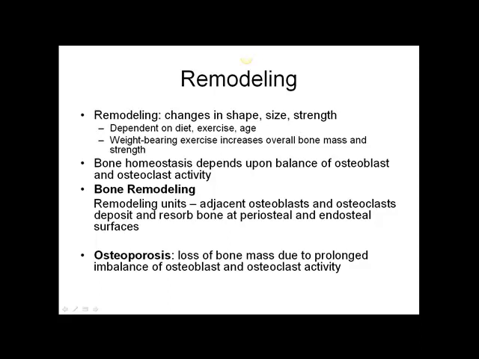So bone homeostasis depends upon this very delicate balance of osteoblastic and osteoclastic activity. So it's like this. They always talk about homeostasis as like a teeter-totter, right? So if one side goes up, the other side goes down.